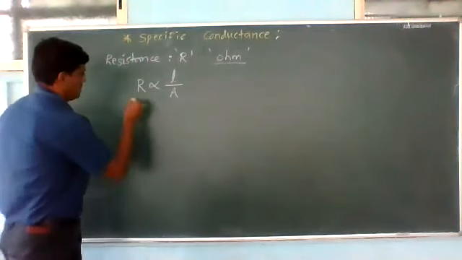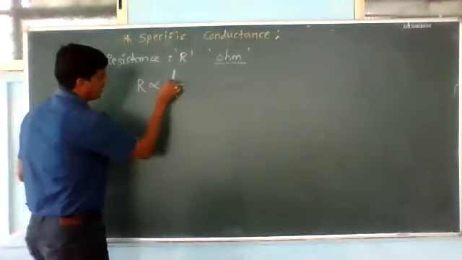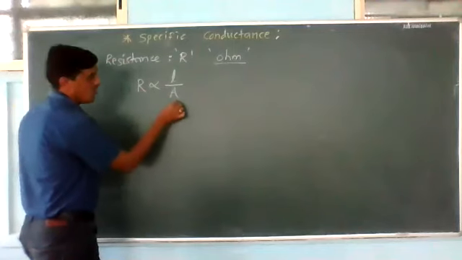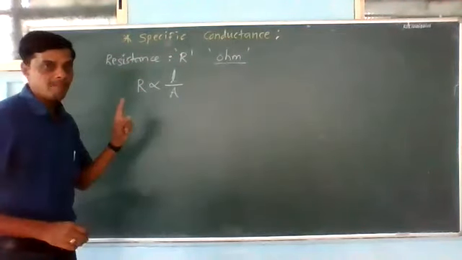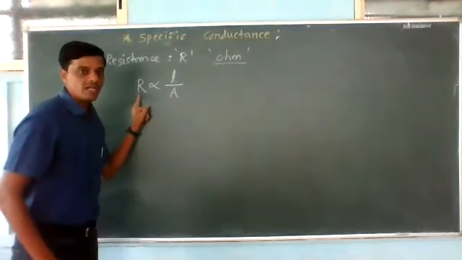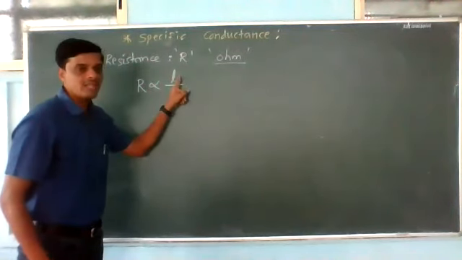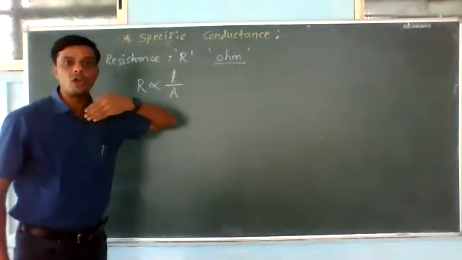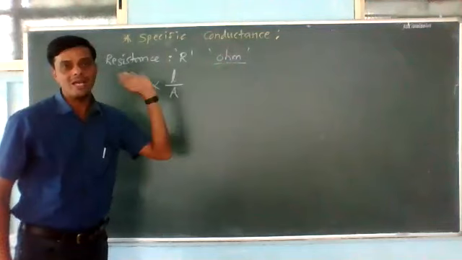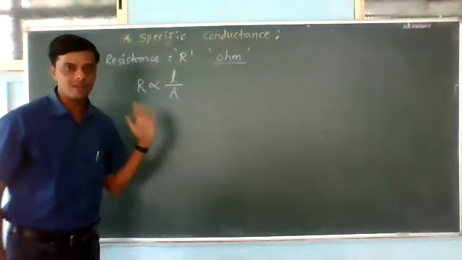Now, greater the length, greater the resistance; smaller the area of cross section, greater the resistance. This resistance of any conductor is directly proportional to length. That means greater the length, greater the resistance to the passage of electric current.